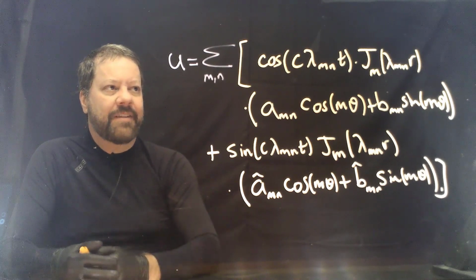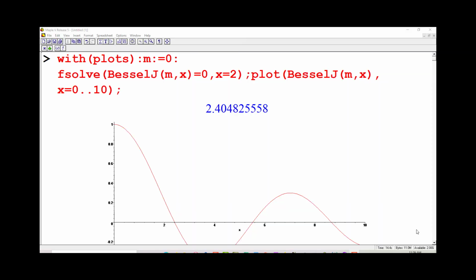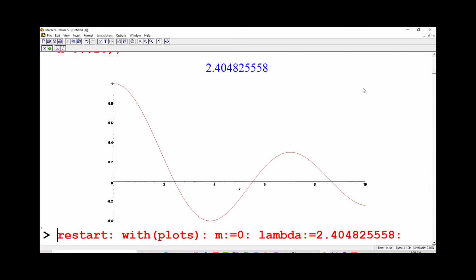Let's see what some of these look like. I'm going to plot some of the animations about the vibrating membrane, circular membrane. As you can see, we first have to solve for some of the roots of the Bessel's J function, Bessel's function of the first kind. I have it initiated at an initial guess of 2, as you can see.